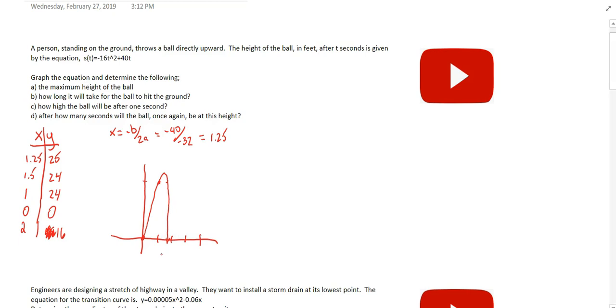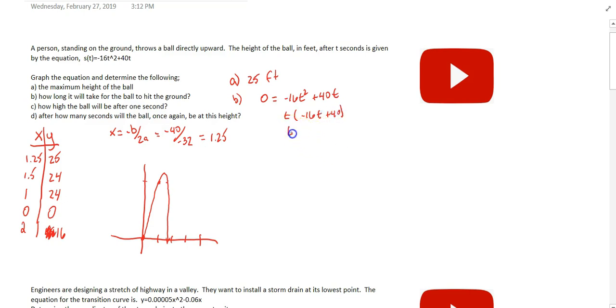We want to find the maximum height of the ball. Well, that's our vertex. We just found that a minute ago. So that's 25 feet. How long will it take for the ball to hit the ground? That's letter B. The height of the ground is 0. So I can set 0 equal to negative 16t squared plus 40t, and I can solve. If I factor out a t, I get t times the quantity negative 16t plus 40.